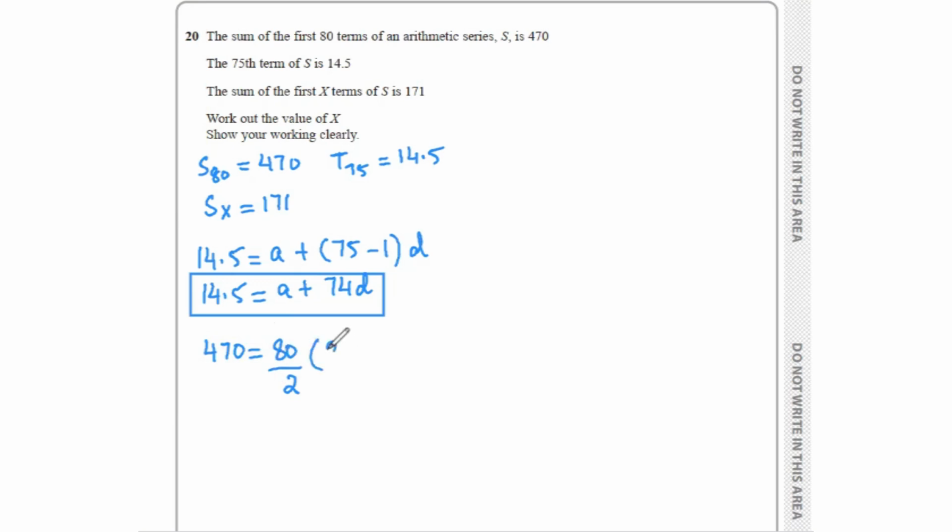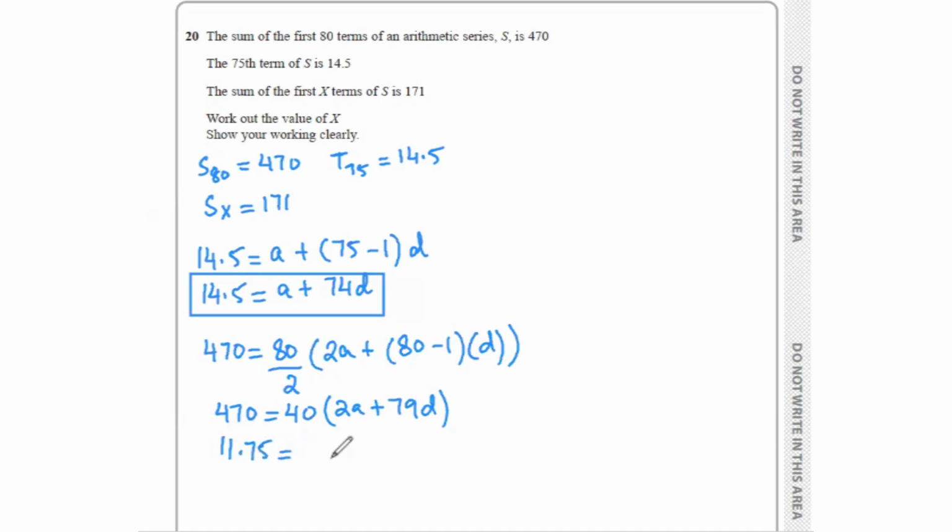So n over 2 times 2A plus 80 minus 1 times D. So that's 470 equals 40 times 2A plus 79D, which becomes 11.75 equals 2A plus 79D. This is our second equation.